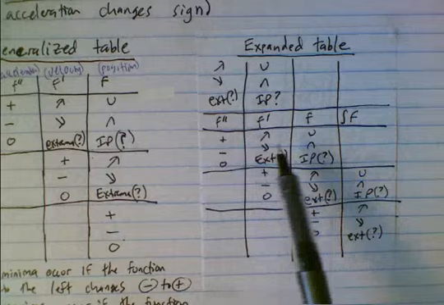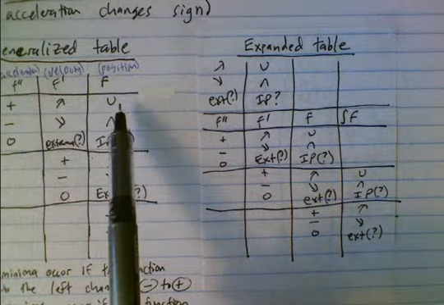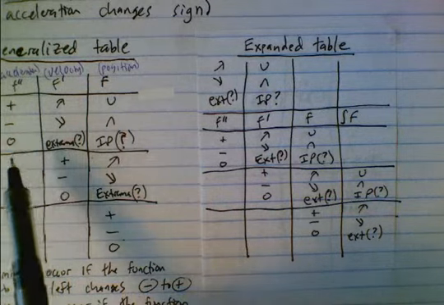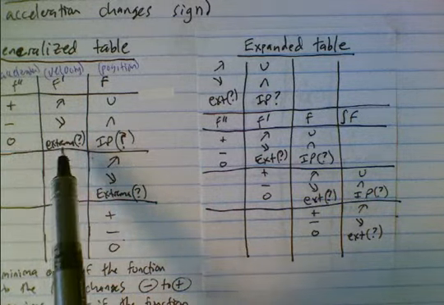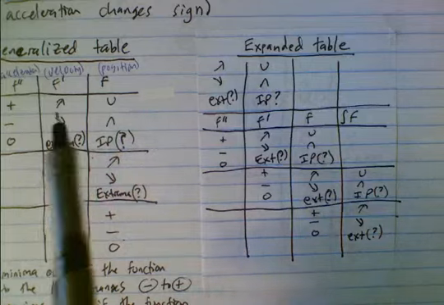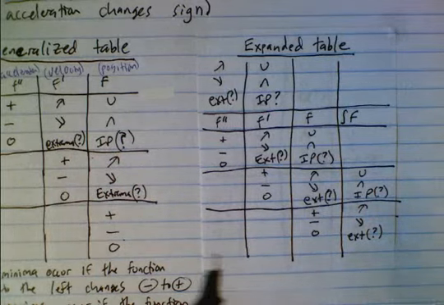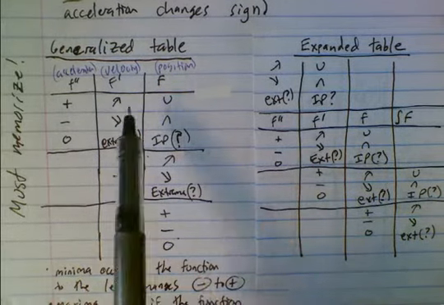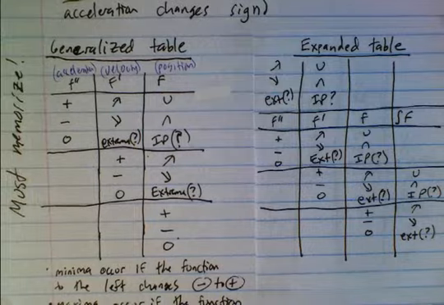Just like we can translate with these three right here, if acceleration is positive, we know that position is concave up. If f double prime is 0, then we know that there's a possible extremum at f prime, and so on and so forth. We can also expand that even further. What you should have memorized is this table over here, and then you should recognize the pattern so you can expand it into this table if and when you need to.